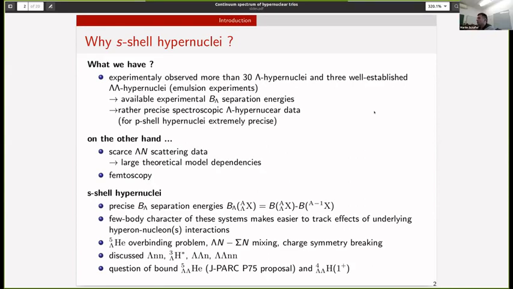So, of course, this is some kind of obligatory slide: why S-shell hypernuclei? Basically, we know that lambda-nucleon scattering data are very scarce. They exist only for higher energies. So what we do is use predominantly S-shell hypernuclei to constrain models of hyperon-nucleon interactions.